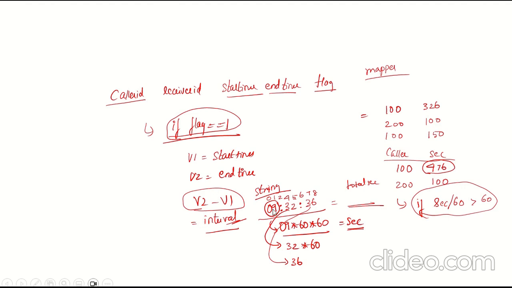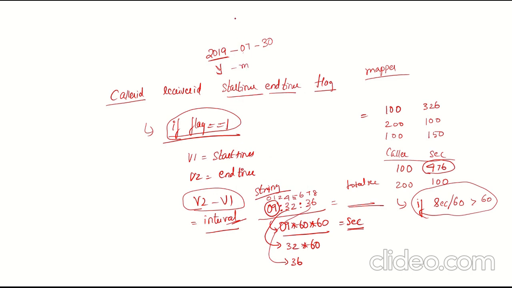So see the format of the date. The format of the date is: we have the year 2019, then a hyphen, then the date, then the month. This is the big year, so you have to give capital Y. This is the month in small, so you have to write small m.